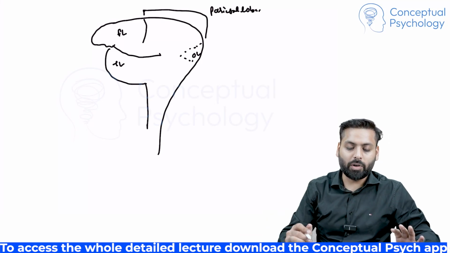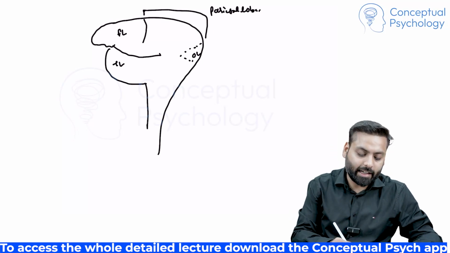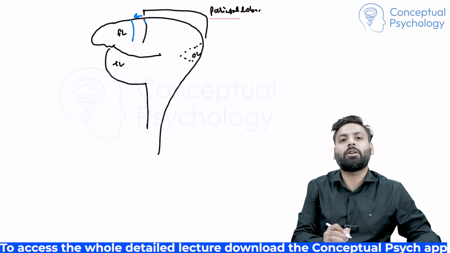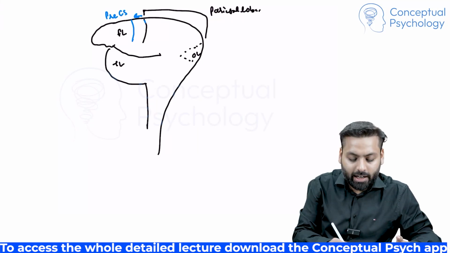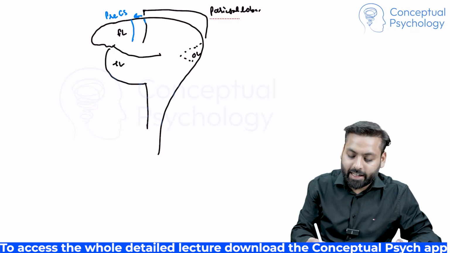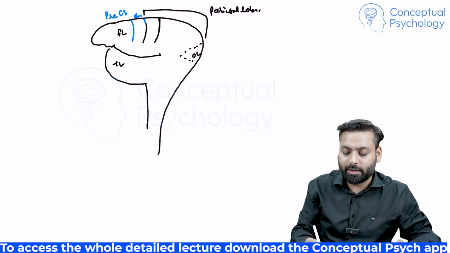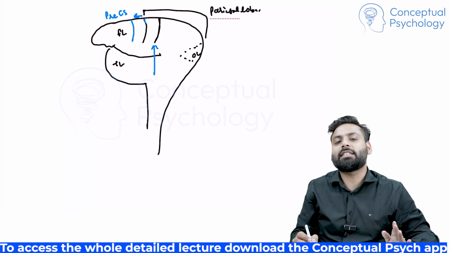Now in the parietal lobe, like in the frontal lobe, we saw there was one sulcus, and because it was before the central sulcus, it was named the precentral sulcus. Similarly, in the parietal lobe, there is a sulcus, but it is after the central sulcus. So what will it be named? You tell me. It is after the central sulcus.